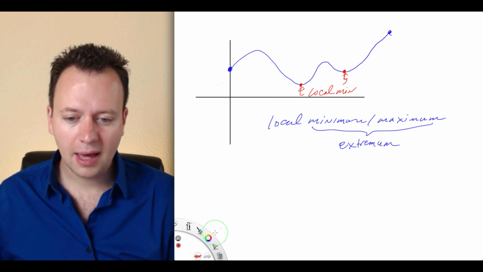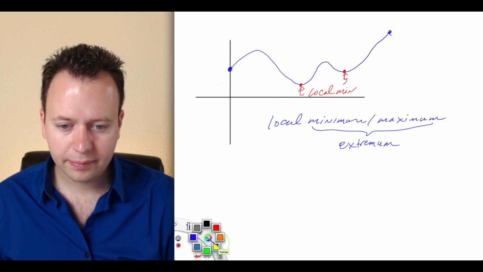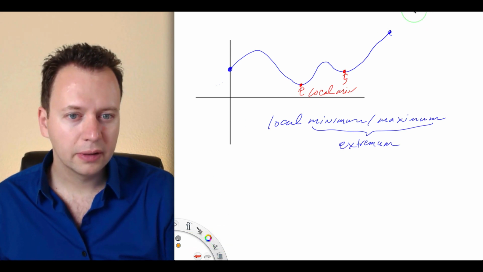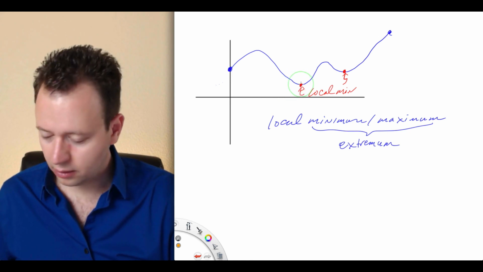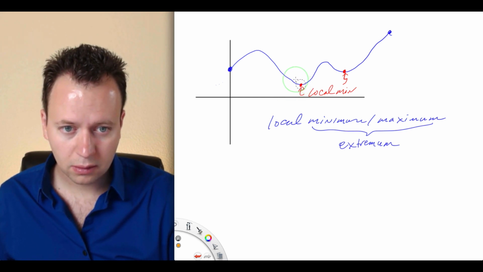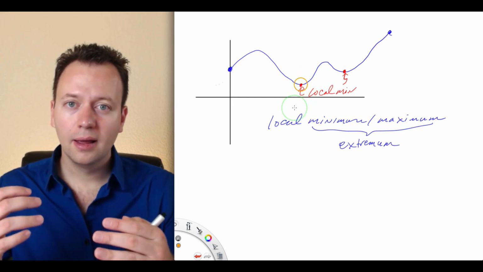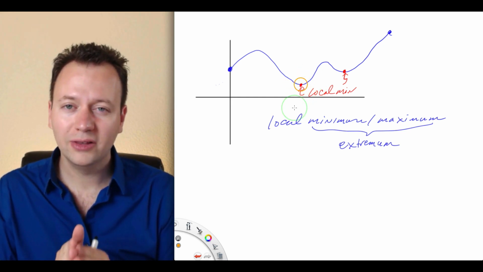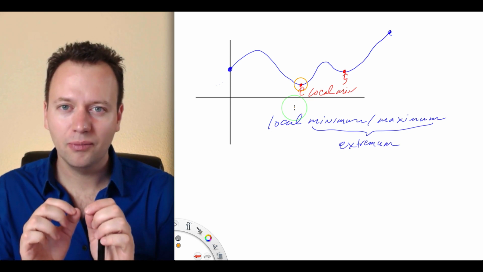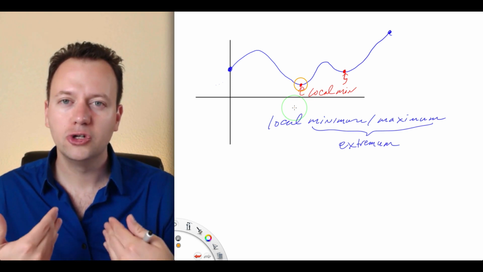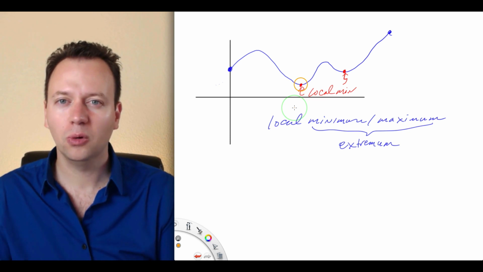So you can see that if we just look close by, just within this bubble, the point marked with the red dot is the single x value that generates the smallest possible y value.